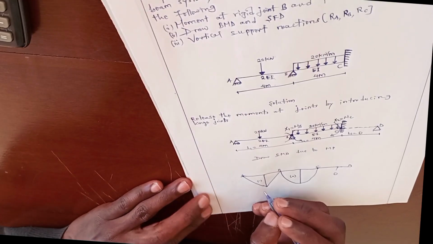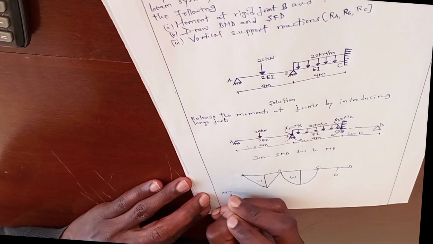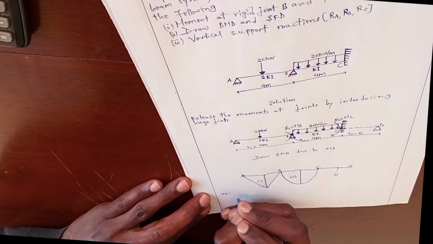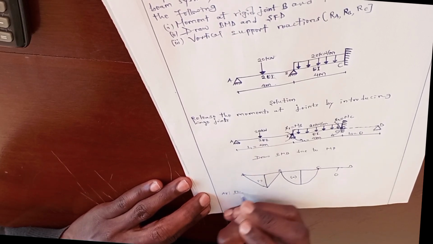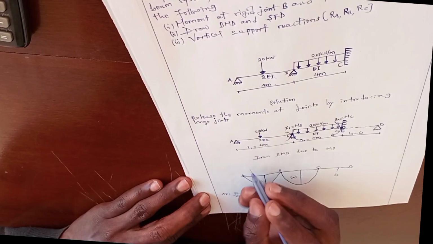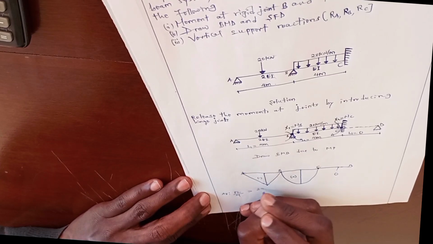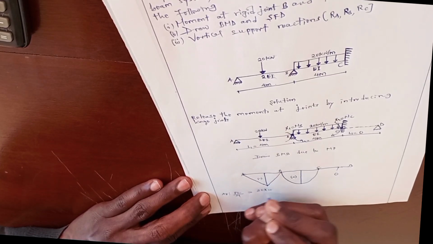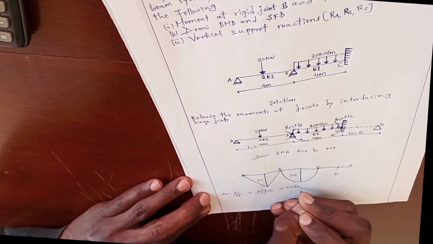Now, how to obtain this maximum bending moment for member AB? It will be equal to FL over 4. F for member AB is equal to 20, L is equal to 4, over 4. It will be equal to 20 kilonewton meter.